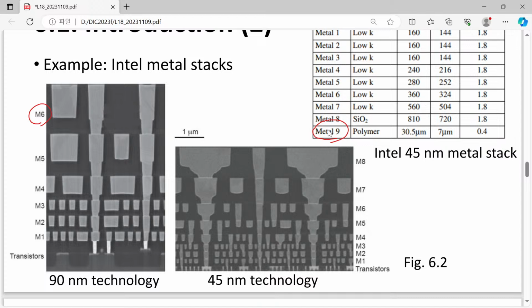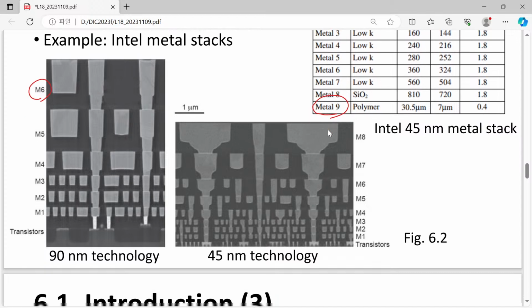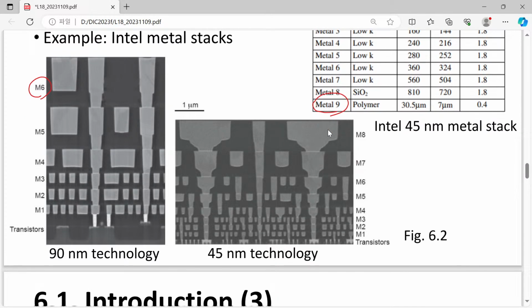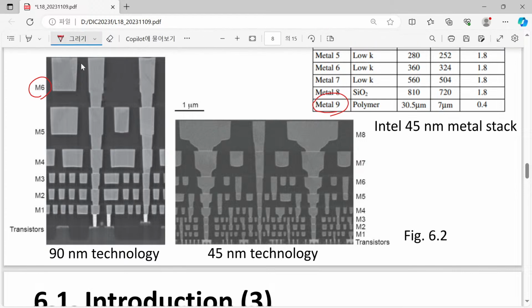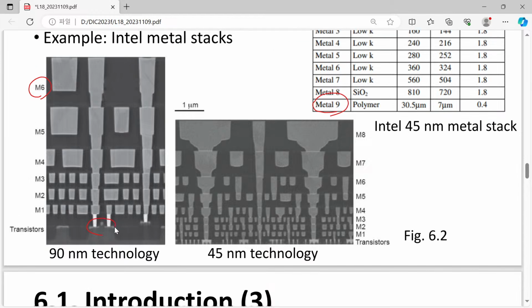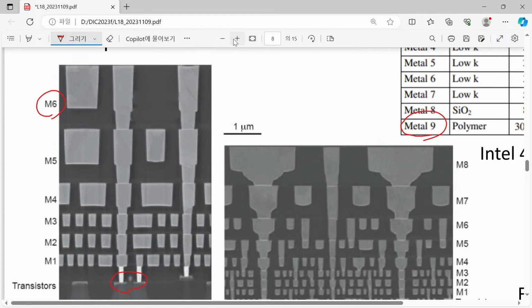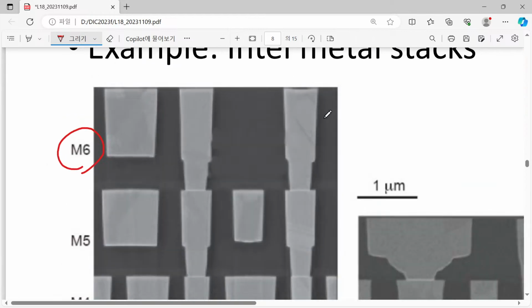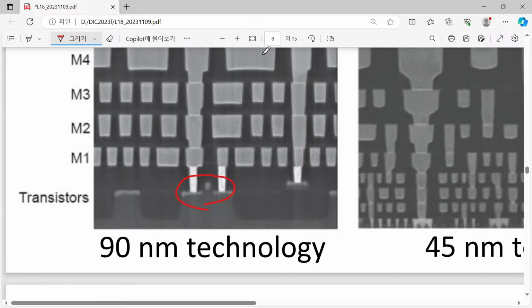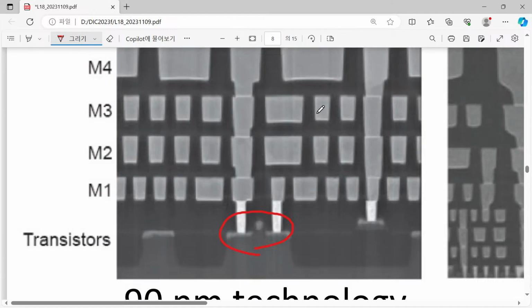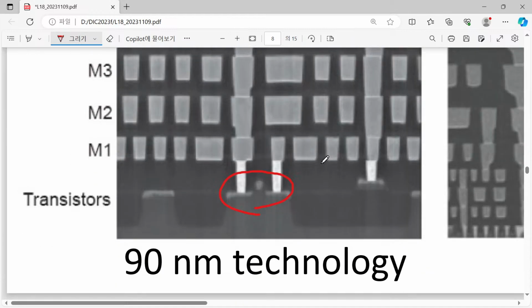So then my question is, where do you have transistors? Can you find the transistor in this slide? Yes, so please have a look at this. This is your transistor. You may find that although we have thought about the transistor several times, in reality, in its size, it is not that large.